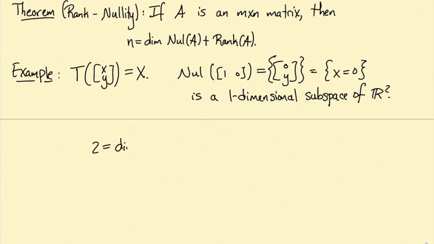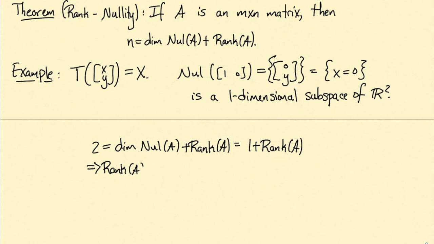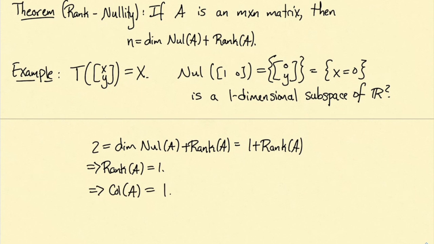The rank nullity theorem tells us that 2 is equal to the dimension of the null space, which is 1, plus the rank of A. This tells us that the rank of A is 1. So the column space of our matrix A, which has entries 1 and 0 as its two columns, is a one-dimensional subspace of the one-dimensional space R. So the column space is R itself.